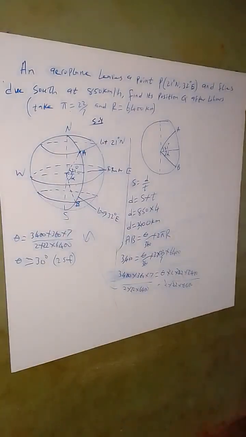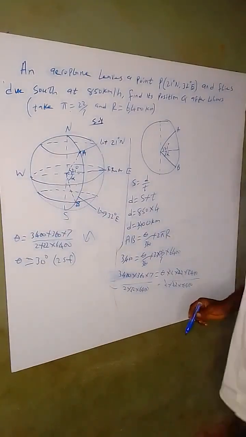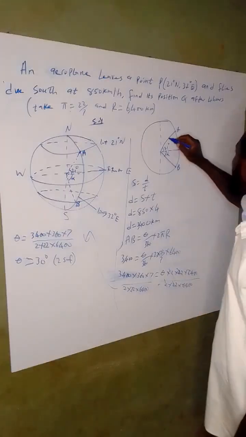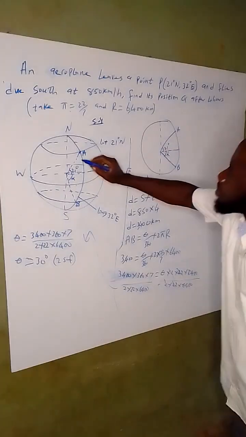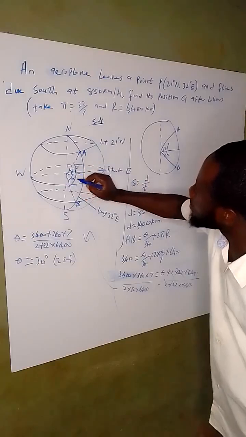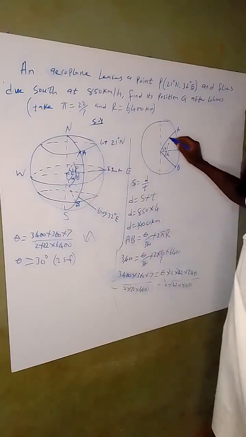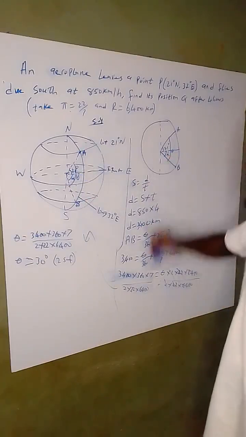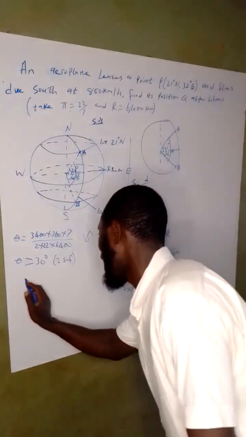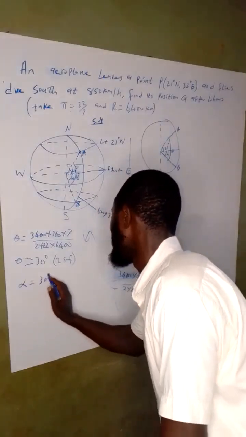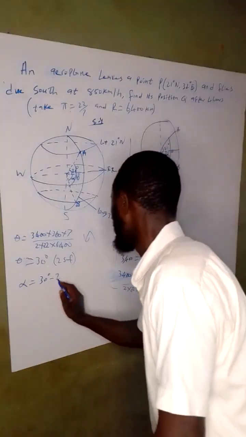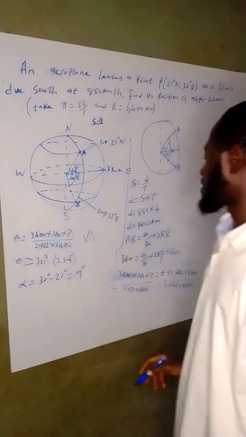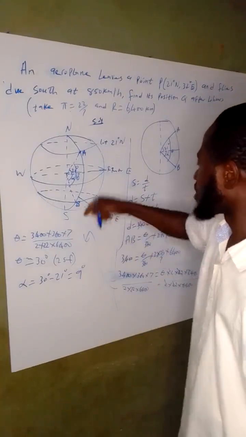That's our theta, approximately 30 degrees. Now it shows the angle. Look at this diagram. All this place is theta, and that's 30 degrees. So we can determine our alpha. Alpha is equal to 30 degrees minus 21 degrees, and that gives us 9 degrees south, because the angle is at the south.